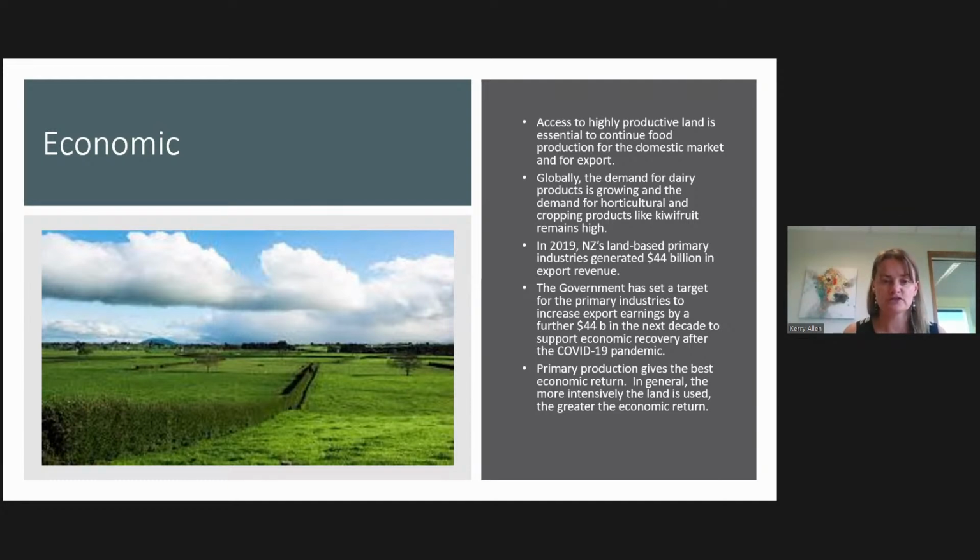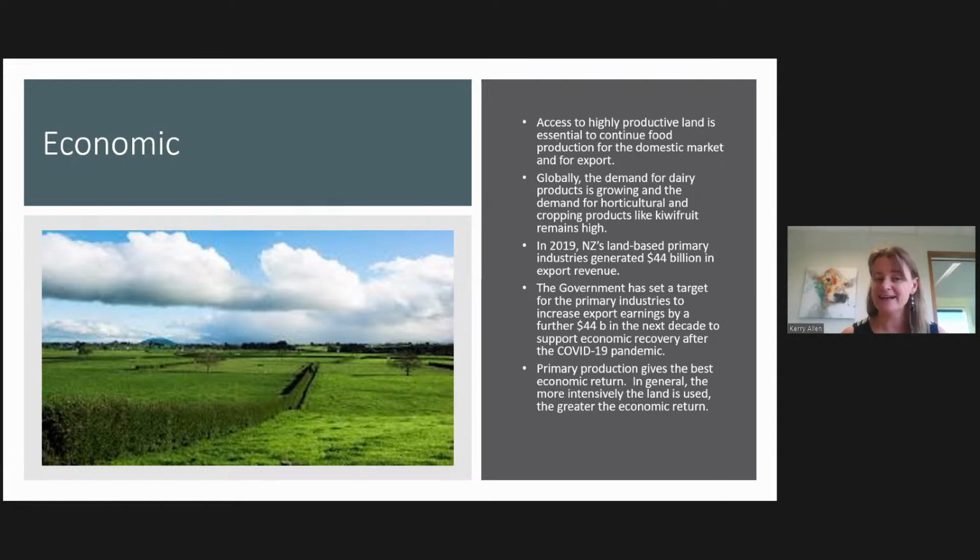But other crops such as kiwi fruit make good return, and people putting into kiwi fruit is also increasing. So the Waikato is now getting more and more kiwi fruit grown here than we've had before. So we also have been directed by the government. They are wanting to increase export earnings by a further $44 billion in the next decade, and this is to help with the economic recovery from the pandemic, so from COVID-19.